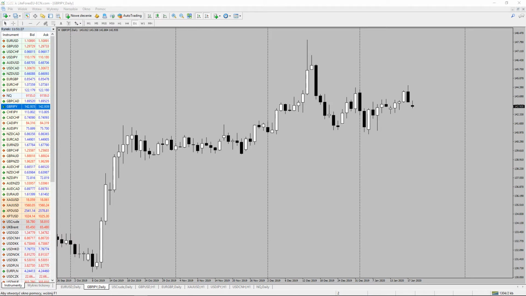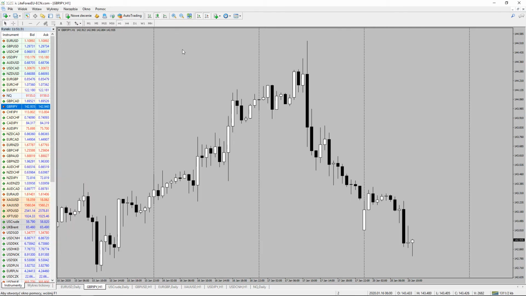So let's switch lower and create a trading plan for the pound yen here. The Thursday price action is quite important, those two levels. And as you can see right now, right here, we are trying to hold below the first lower shadow.